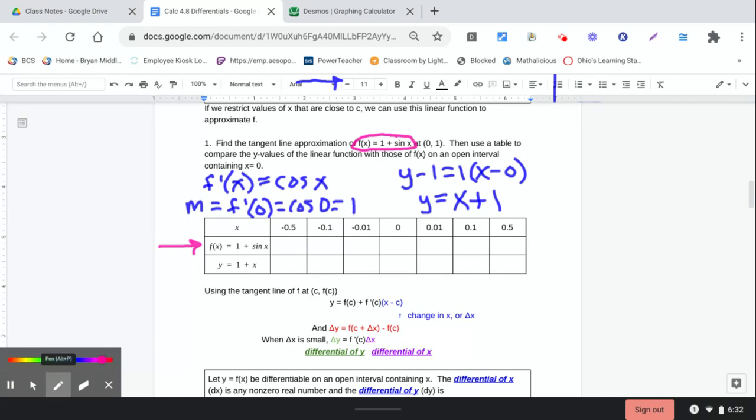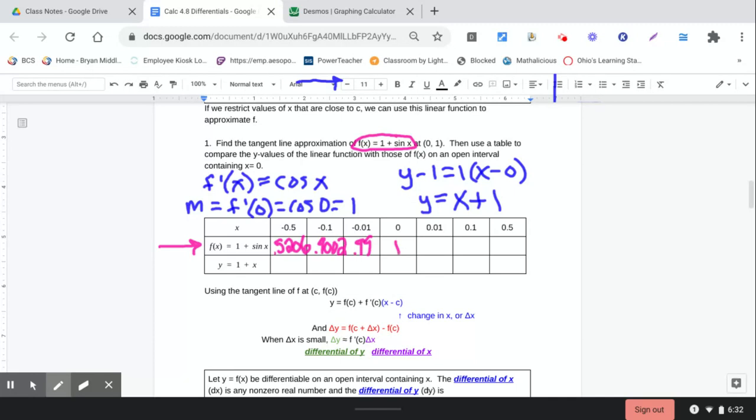So if I plug in negative 0.5, I get 0.5206. If I plug in negative 0.1, I get 0.9002. If I plug in negative 0.01, just putting that in the calculator, it's 0.9900.